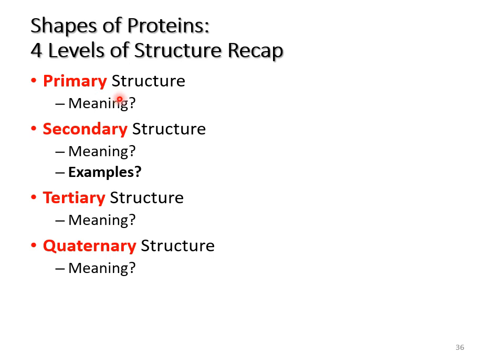Then those individual amino acids start interacting with each other to form either a single alpha helix or a single beta sheet to make the secondary structure. So this is basically the initial coiling and folding of the protein because of the hydrogen bonds. And the examples again for secondary are a single alpha helix or a single beta sheet.